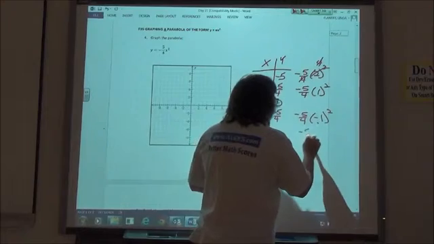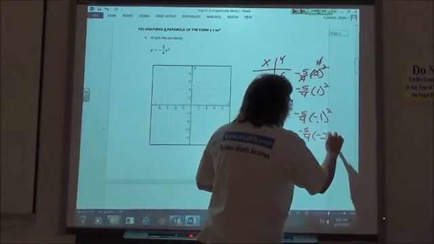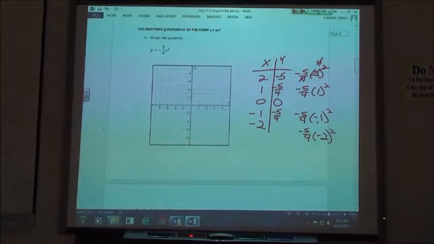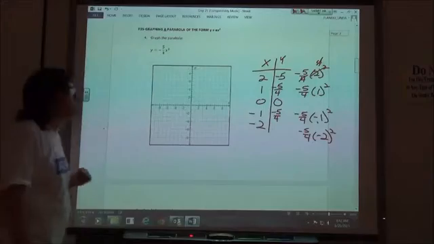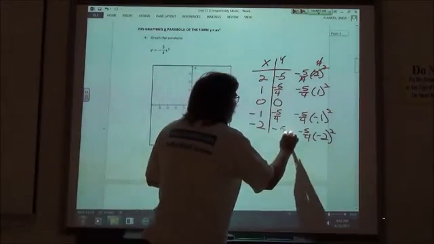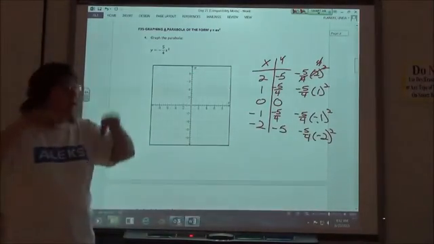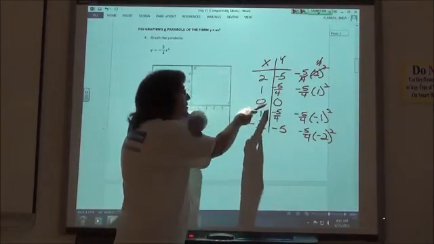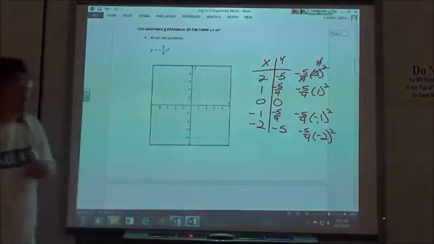And then -5 times -2 squared gives you -5. And since your parabola looks like a U, these two should match up, these two should match up, and this is going to be in the middle.